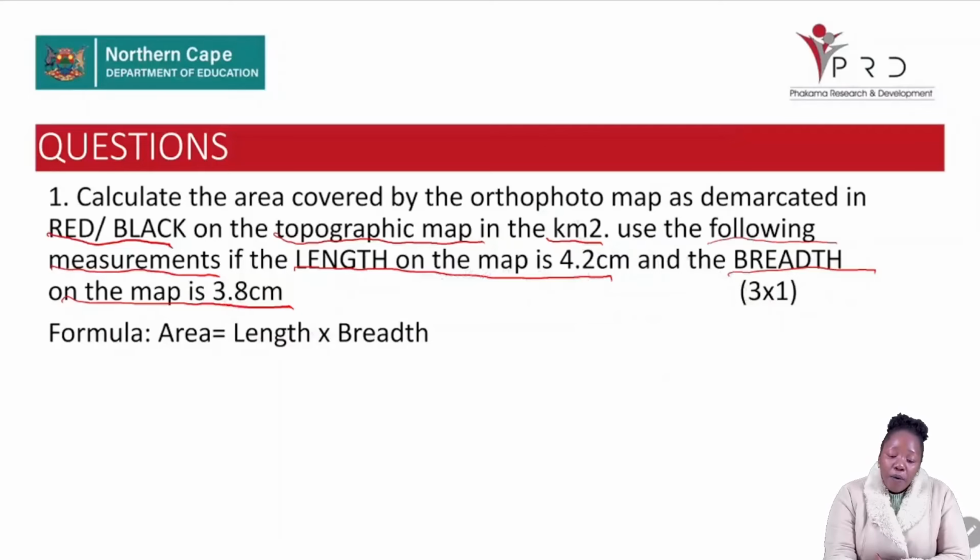Our answer is supposed to be in kilometer squared, and we are given these 2 measurements. The marks allocated are 3 marks. So I'm going to give you 3 minutes to work on this calculation, and after 3 minutes, we're going to do the correction.